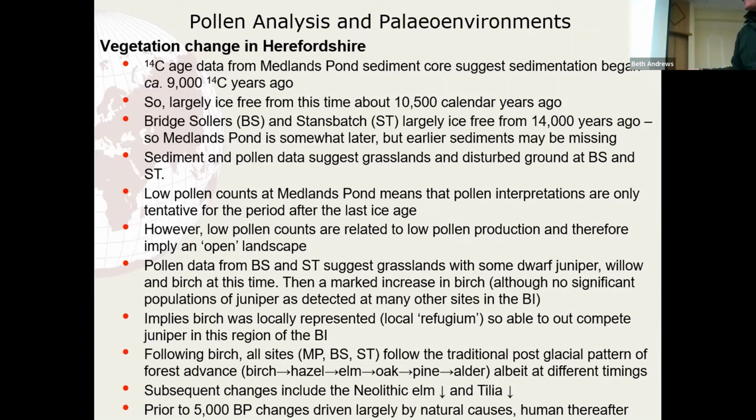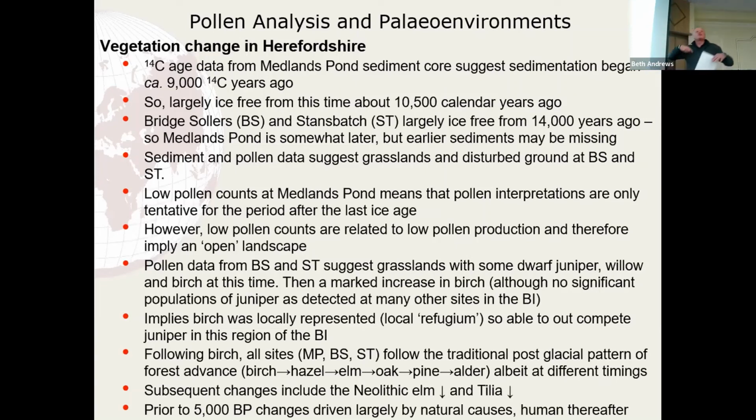Following birch, all sites, Netherlands Pond, British Scholars and Standpatch, follow the traditional post-glacial pattern of forest advance that we see in the British Isles. That initial increase in birch, hazel, elm, oak, pine and alder that I showed you for the King's Pool diagram, although at different timings.